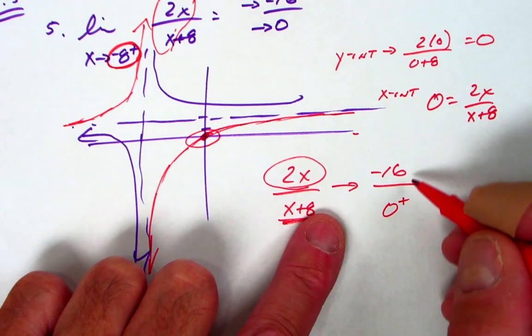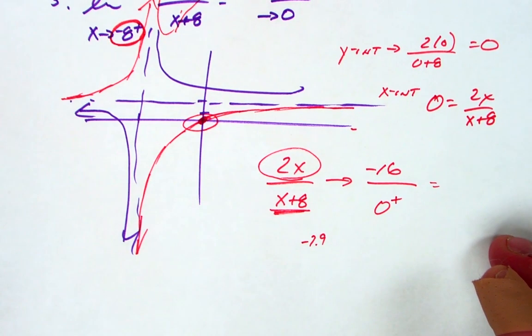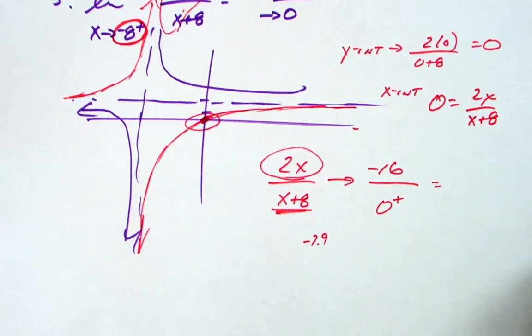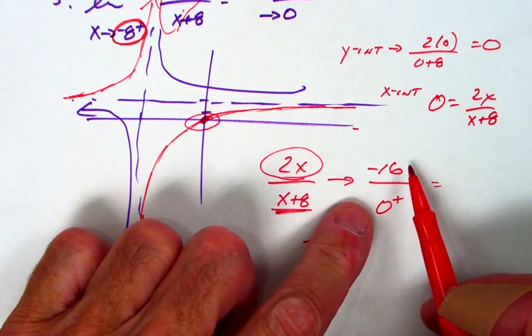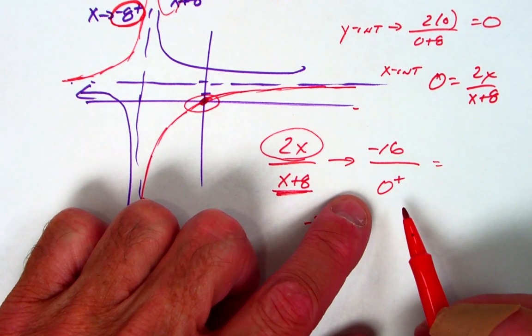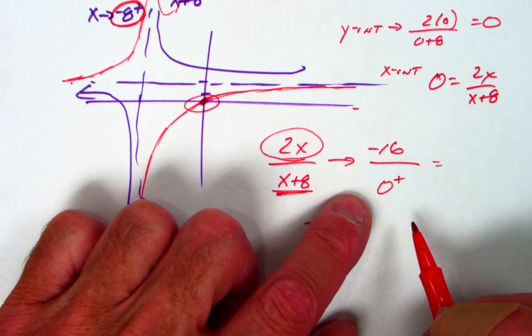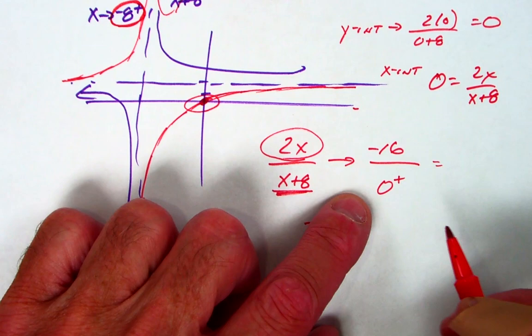So then what I've got is negative 16 over something really super small, but positive. So what kind of number do I get when I have the top being negative 16 and the bottom being a really super small positive? A negative. What kind of negative? Infinity. Yeah.